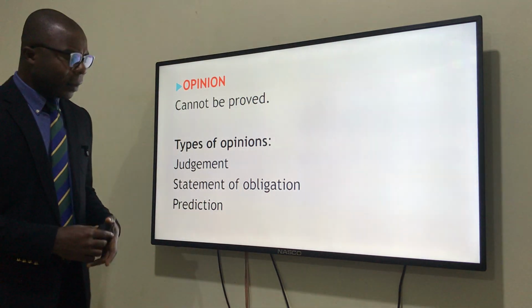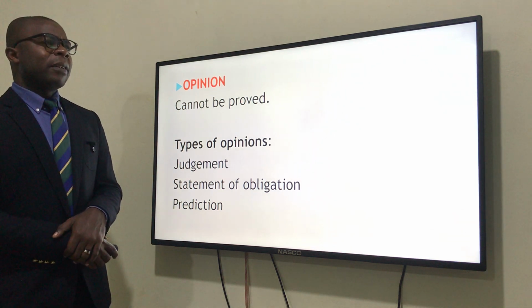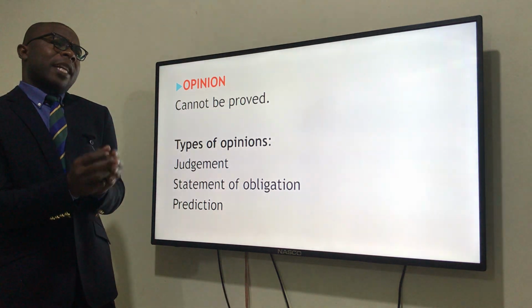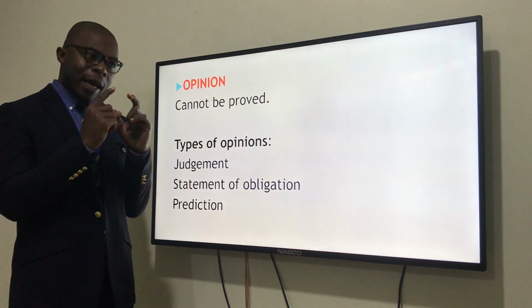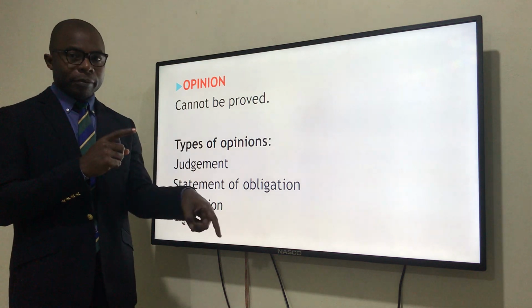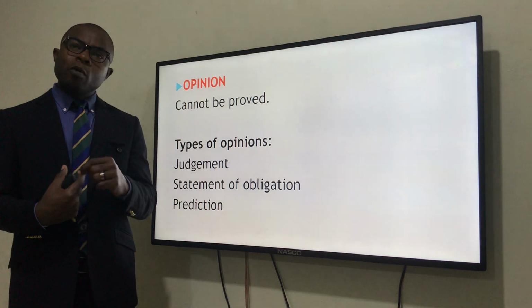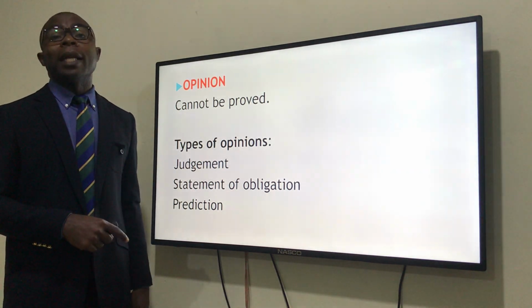So what that means is that if something that has been taken as opinion has been proved, then it actually means that the error is not on the thing. The mistake is from us. Because it is people who assume that this is not a fact, but it turns out to be one.